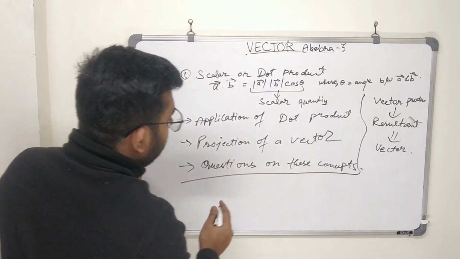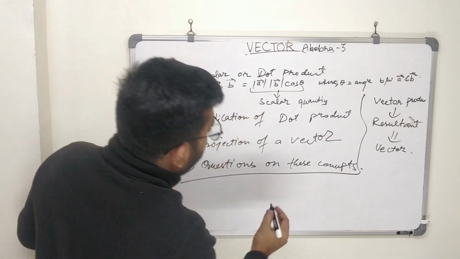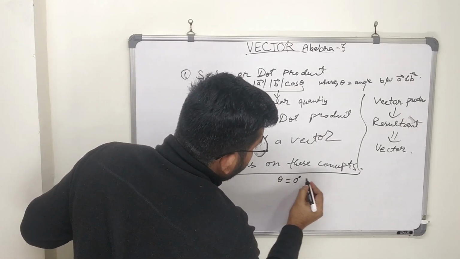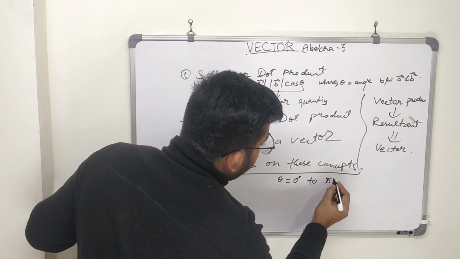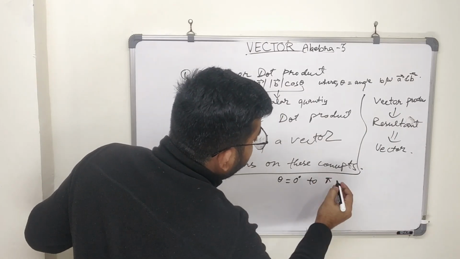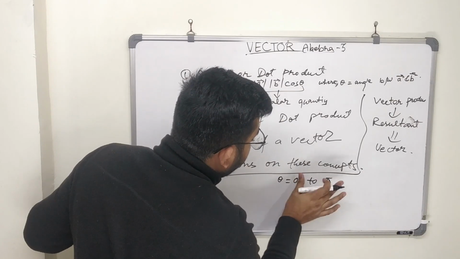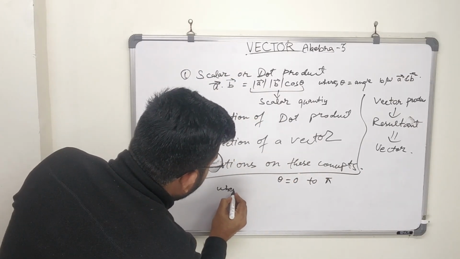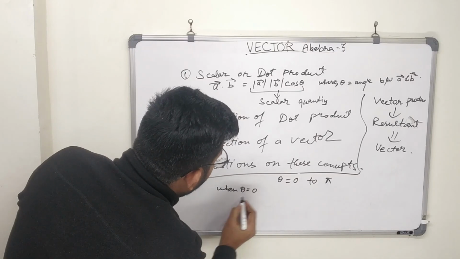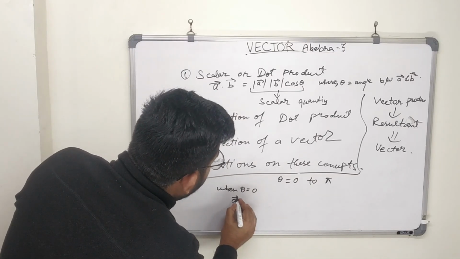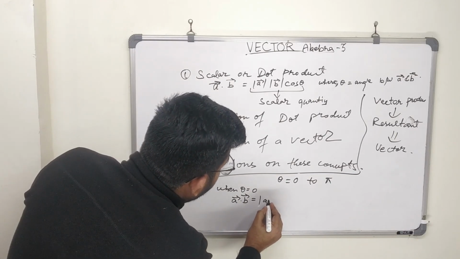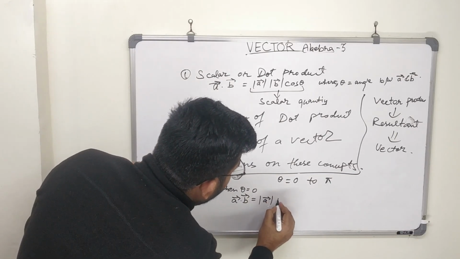That is, while we were studying this, we took theta from 0 degree to pi radian, that is 0 to pi. So when theta is equal to 0, A vector dot B vector equals magnitude of A vector into magnitude of B vector.